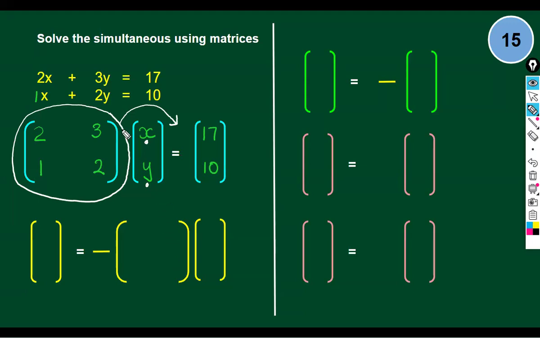Now, we got to be careful. When you throw across the matrix, it can only jump across one matrix, because let me tell you what's going to happen. When you take this matrix and throw it across, it can land here, at this tick, or it can land after. It can land before the 17 and the 10, or if you throw it real far, it will land after the 17 and 10.